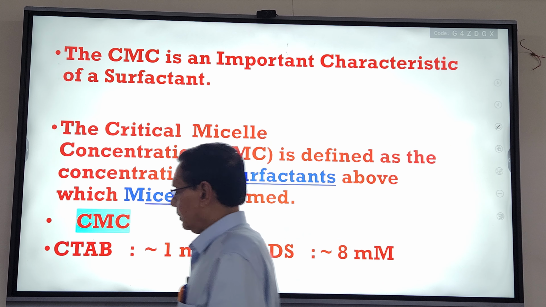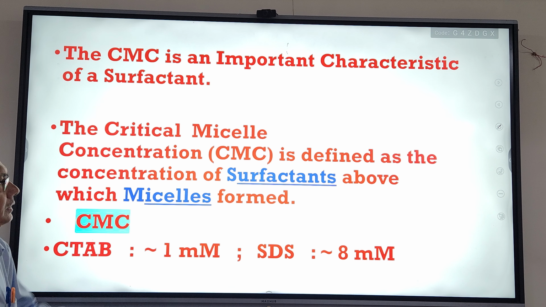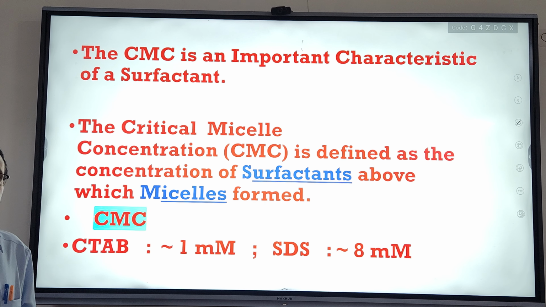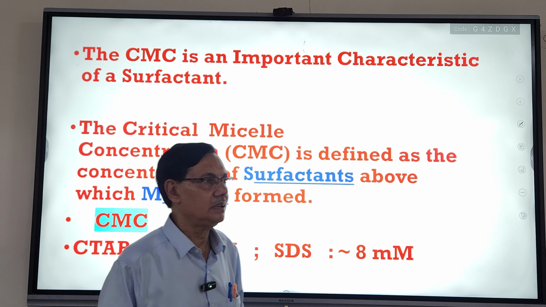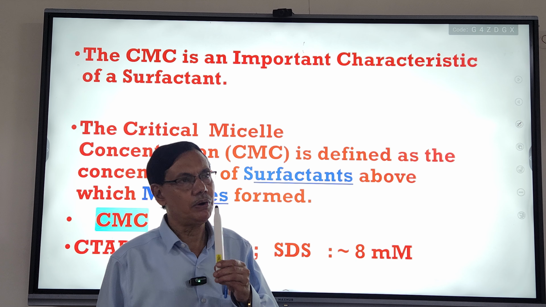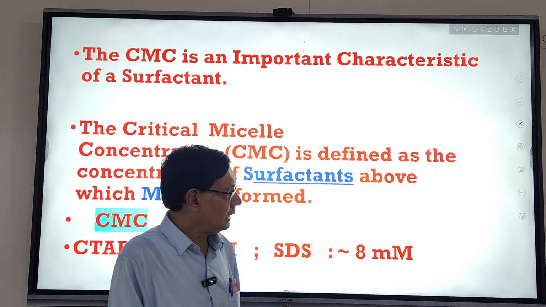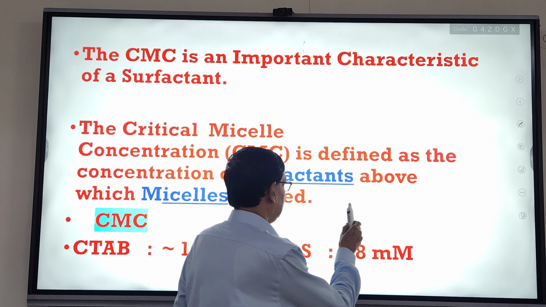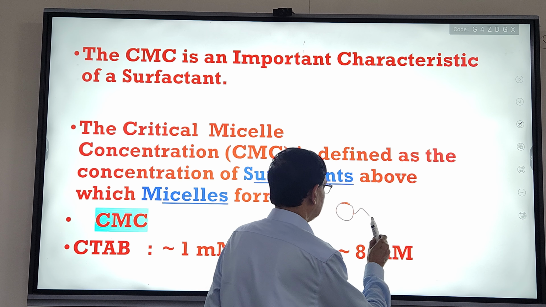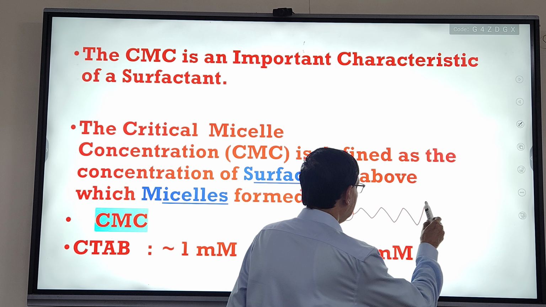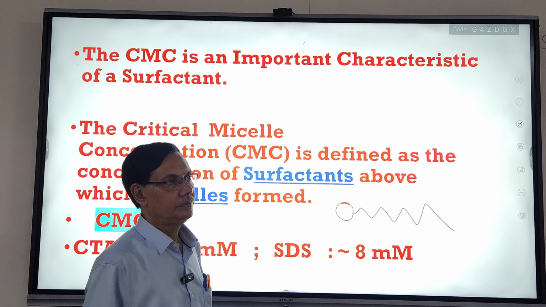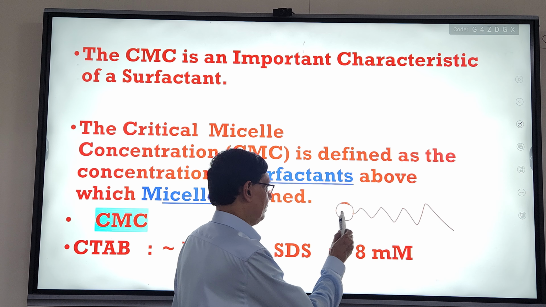Now, before I start the discussion, what is critical micelle concentration? When you are promoted to the second semester, you will study the details in surface chemistry, but it is a characteristic property of the surfactant. And you know that a surfactant has a head group which is hydrophilic in nature, and a tail group that is hydrophobic in nature.